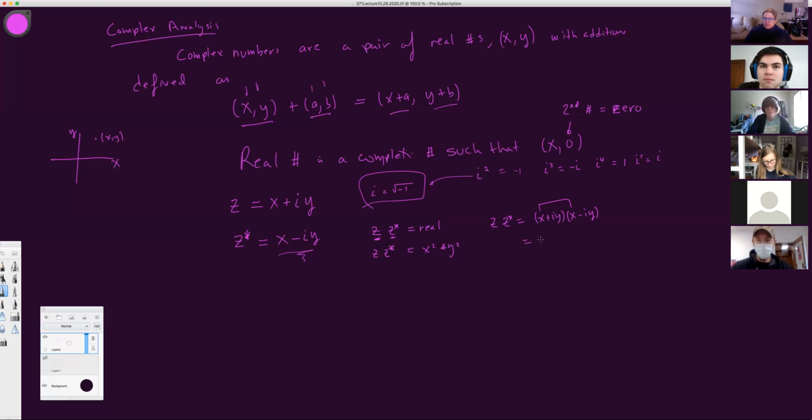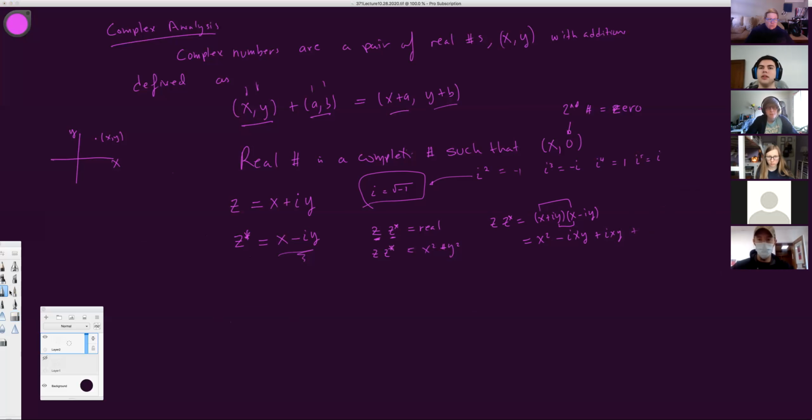Okay, so we do x times x is x squared, and then x times minus iy is minus ixy, then plus y times x is plus ixy, and these are just numbers so they can commute, and then plus i squared, sorry, not plus.